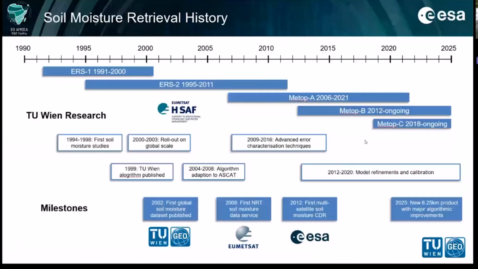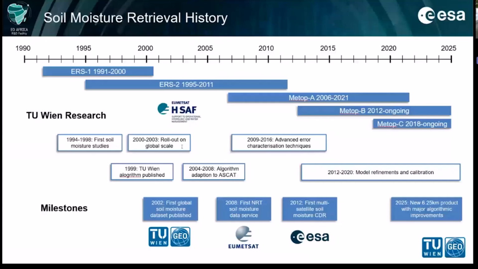The development of the product has a long history. I started this research in the 90s, and the algorithms were basically published in 1999. Within the next 3 years, we then deployed the algorithms and made them run on a global scale.